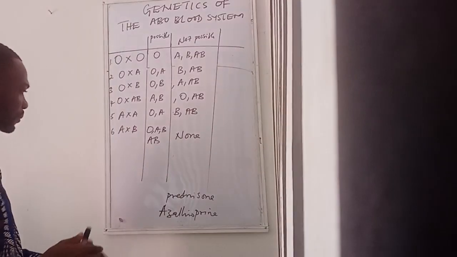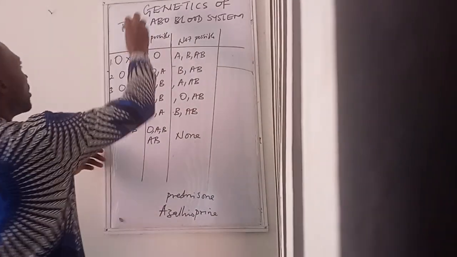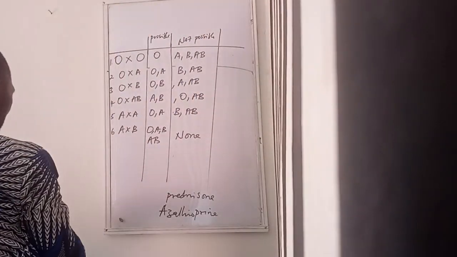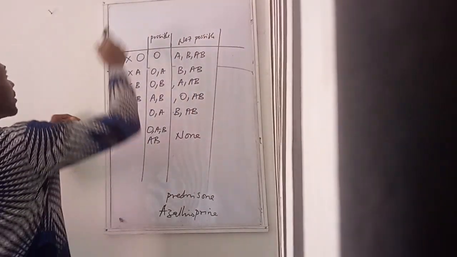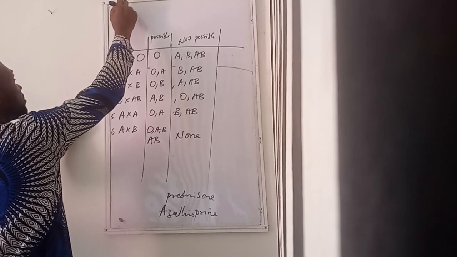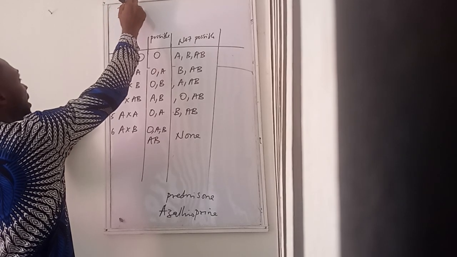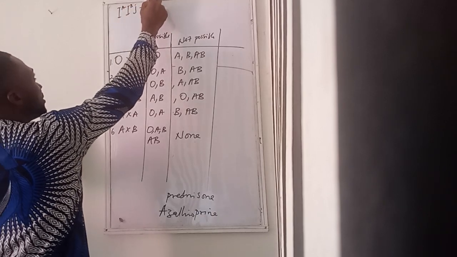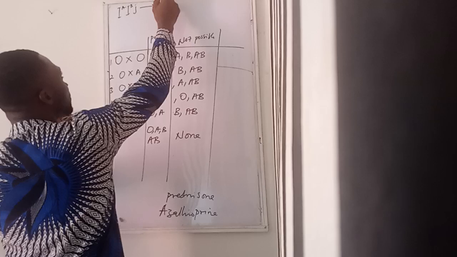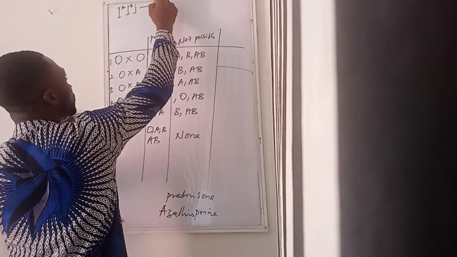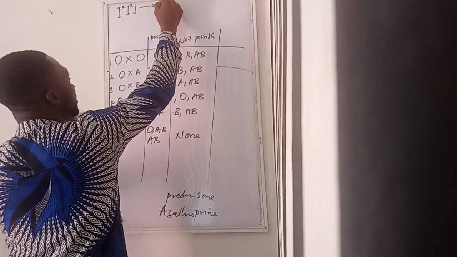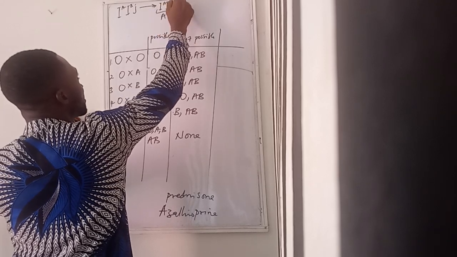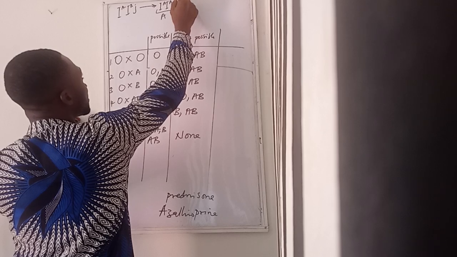Let me say something so that we understand this. Now, the ABO blood system is made up of three different alleles. These three different alleles are used to construct the genotype. Six different genotypes.